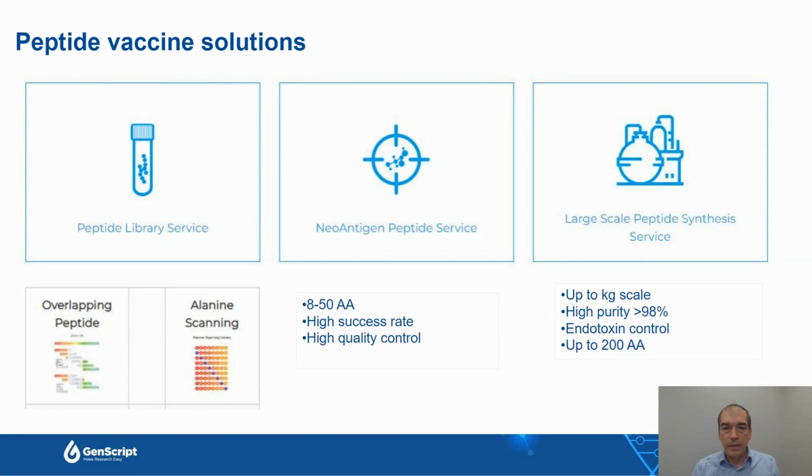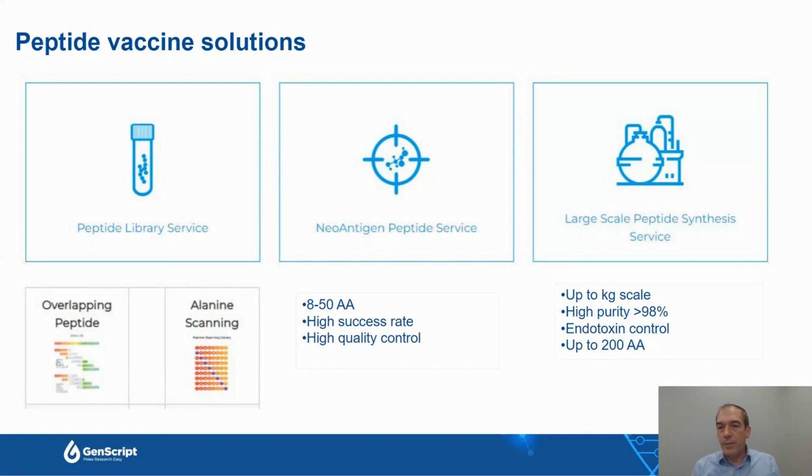We can generate the peptide library services I mentioned. Typically for vaccines, the most often used ones are the overlapping peptide or alanine scanning libraries. We can synthesize neoantigen peptides for your assays with high success rate, 8 to 50 amino acids, high quality controls.